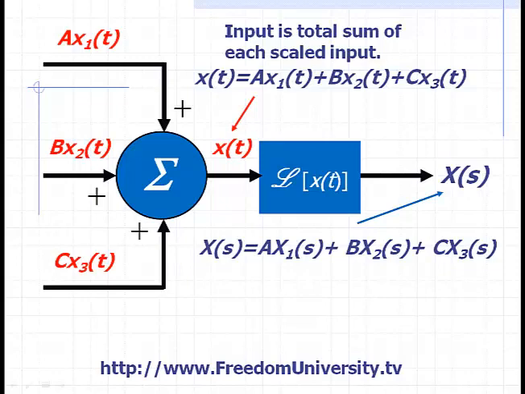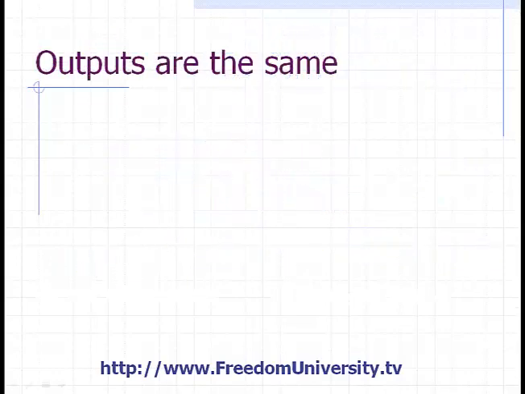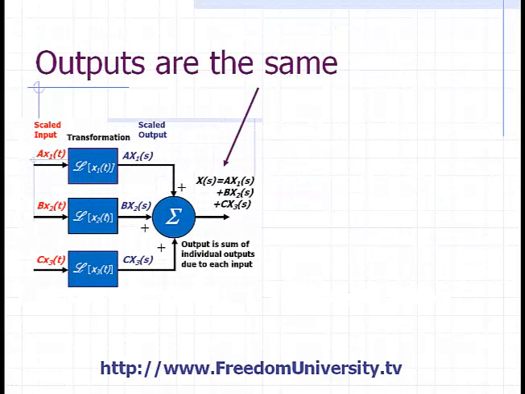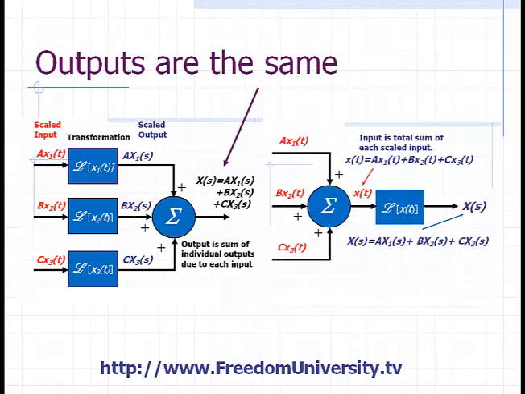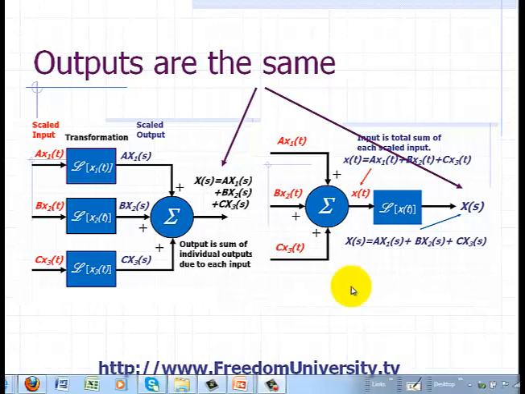So when the outputs of each of the previous two slides, namely this one and this one, are the same, then we say the system is linear. Again, note the difference between these two diagrams. Here, we're taking each input and operating on each input. Then we take the resulting output due to each input and add them all up.